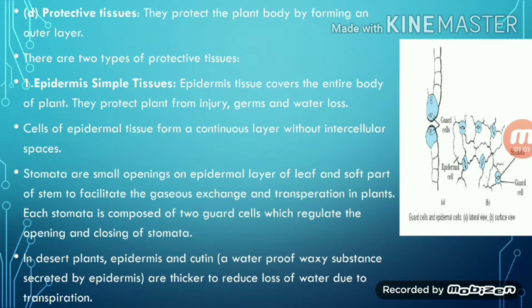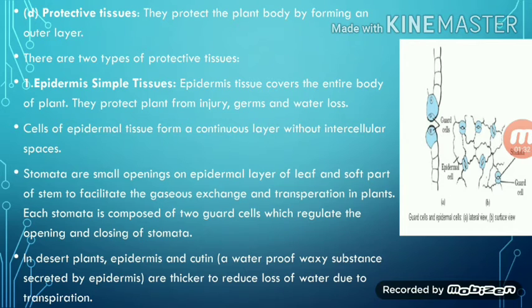Cells of epidermal tissue form a continuous layer without intercellular space. Stomata are small openings on the epidermal layer of leaf and soft part of the stem to facilitate gaseous exchange and transpiration in plants.